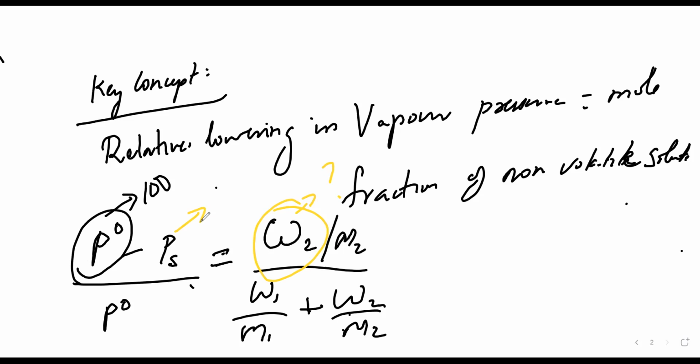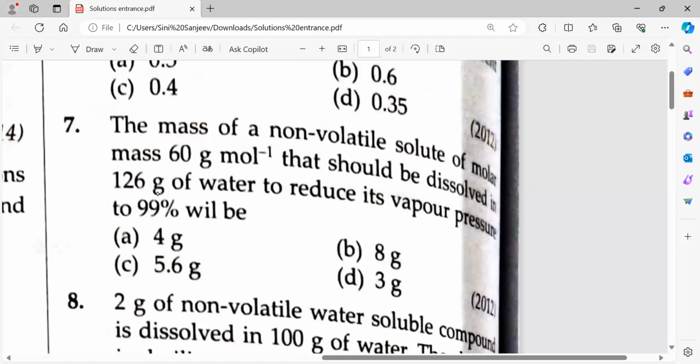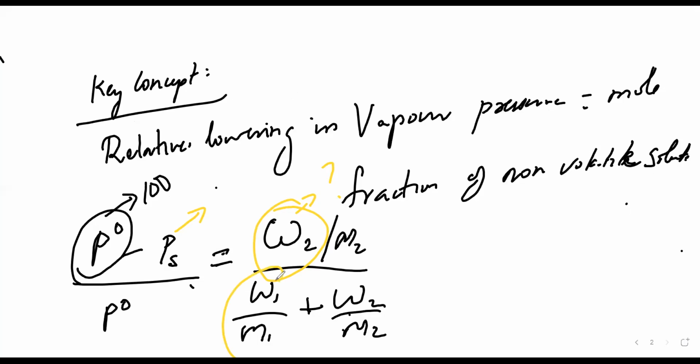I'll just take the question one more time. The mass of a non-volatile solid of molar mass 60 grams per mole should be dissolved in 126 grams of water. Correct? Water, I already know the molecular mass of water. What is it? 18.